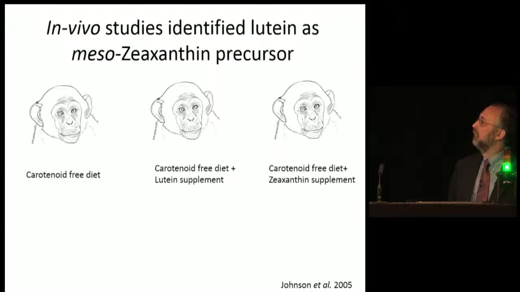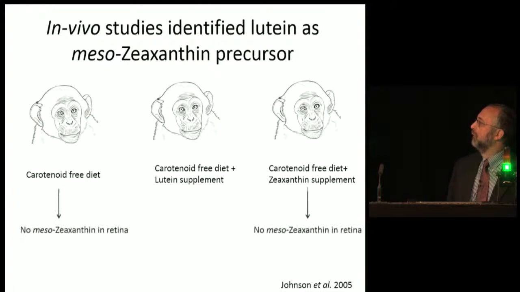And in this experiment, we had either monkeys who were on carotenoid-free diets and not given any other supplements, or they were on the carotenoid-free diet plus a very highly purified lutein supplement that didn't have any zeaxanthin or mesozeaxanthin in it, or they were given a carotenoid-free diet with a very highly purified zeaxanthin diet. They unfortunately did not do a mesozeaxanthin arm. I don't think they had enough carotenoid.